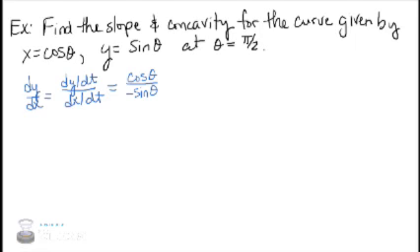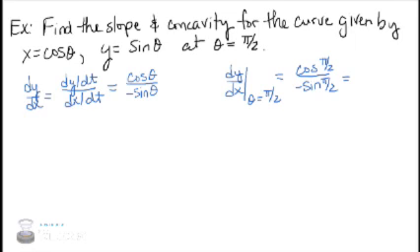And so what's the derivative at theta equals pi over 2? So dy/dx evaluated where theta is pi over 2 is going to be the cosine of pi over 2 over the negative sine of pi over 2. Well, the cosine of pi over 2 is 0 and sine is 1, so we have 0 over negative 1, or 0. So we have a slope of 0 at that point.